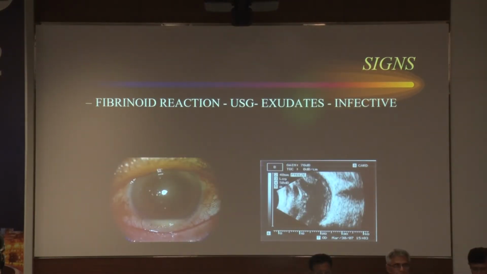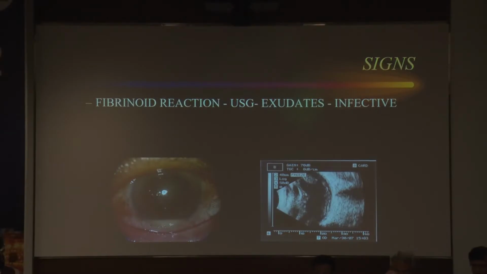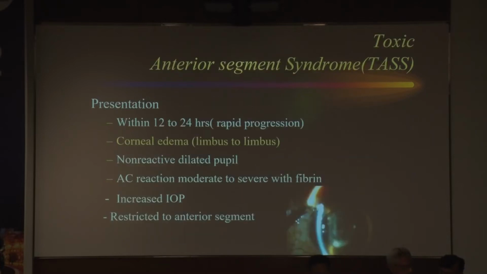Many times, if you are not able to peep into the retina, whether the retina is good, or you are not able to see the vitreous, then you will have to do an ultrasound. And if you see exudates like this in the vitreous cavity, the diagnosis is spot on infective.